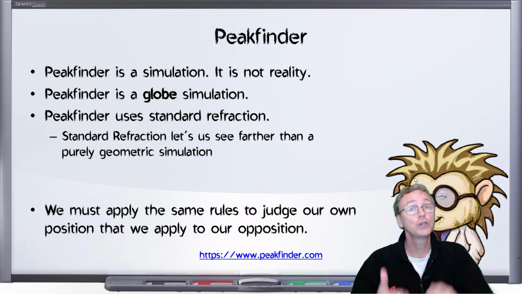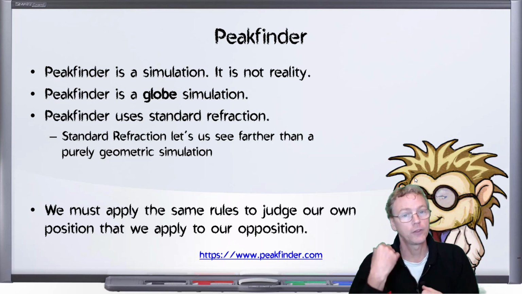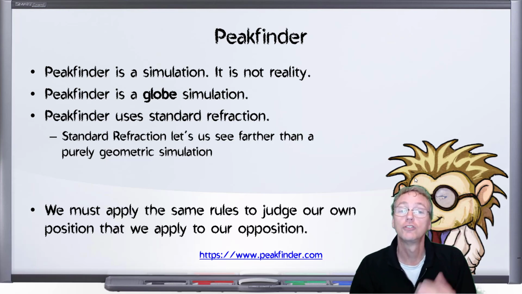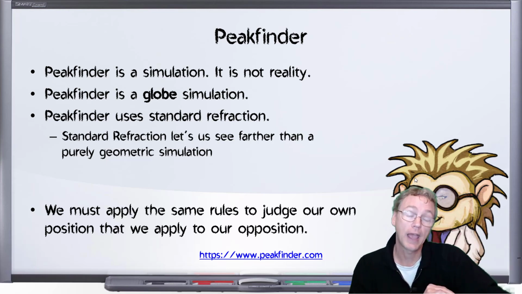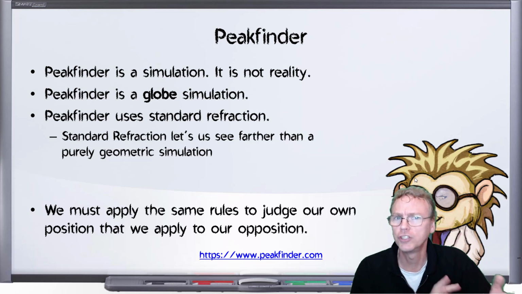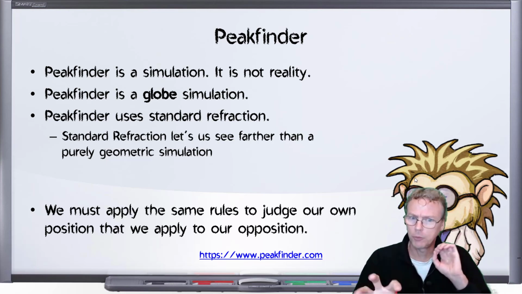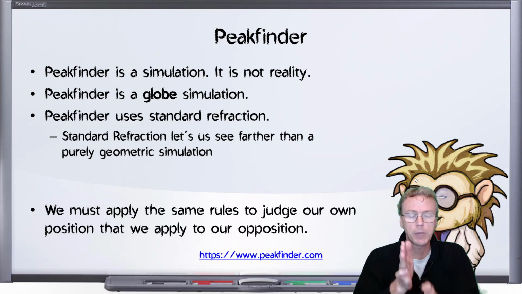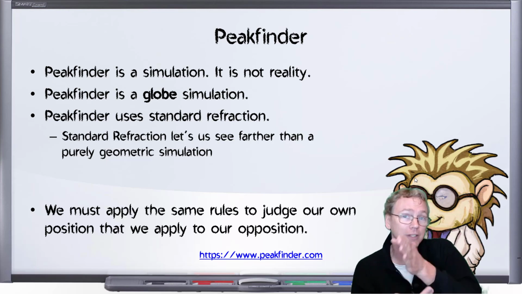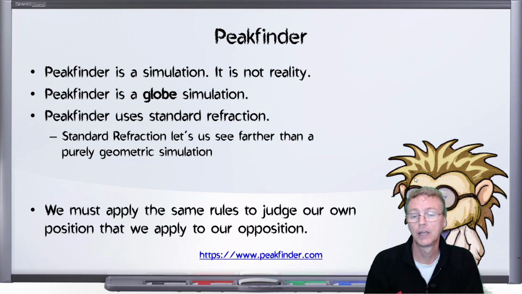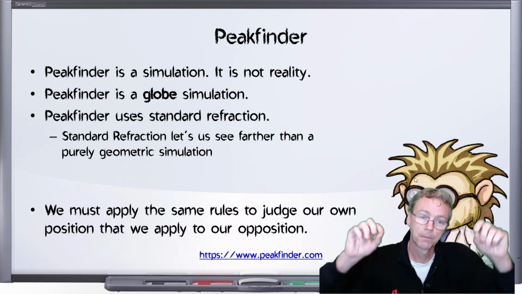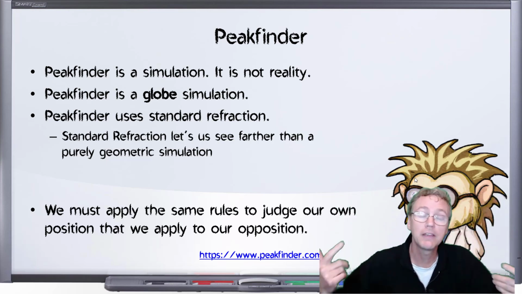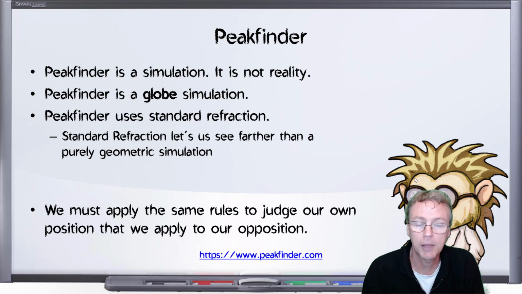If you say, I see too far for this globe simulation, you must ask, do I see as far as the flat would show me, right? We have to apply that same rule of comparison of how far we see versus how far we predicted. We have to compare that and apply that evenly. That's all I'm asking for.